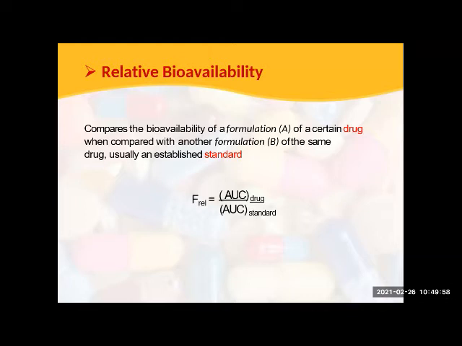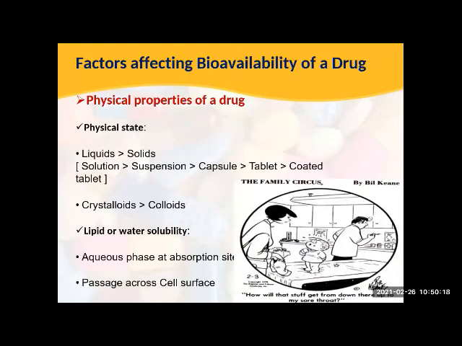Okay, if it is 1, it means that both the products are equivalent in nature, and if it is less than 1, it means that bioavailability of the generic product is less than that of the branded product.